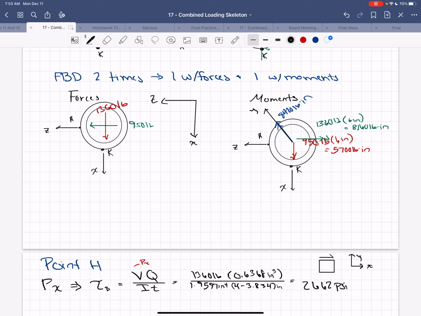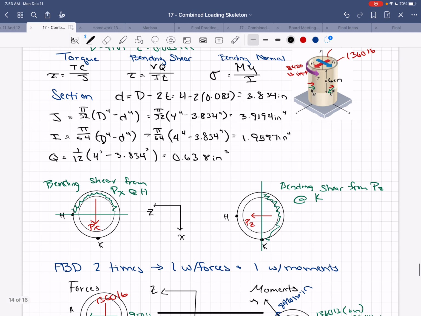Okay, now the next thing, we know we don't have a shear stress from PZ, because we're looking at H, and PZ will go this way. So if we cut it here, that would be 0. So no shear stress from PZ, bending shear stress anyways. But we do know we have a bending normal stress from PZ that's going to put H in compression.